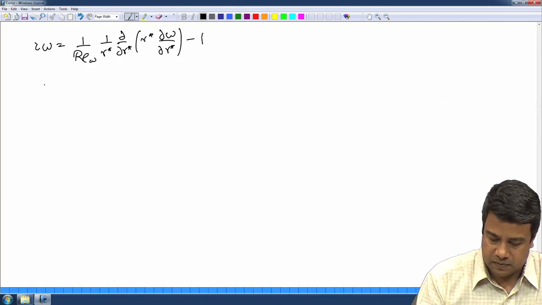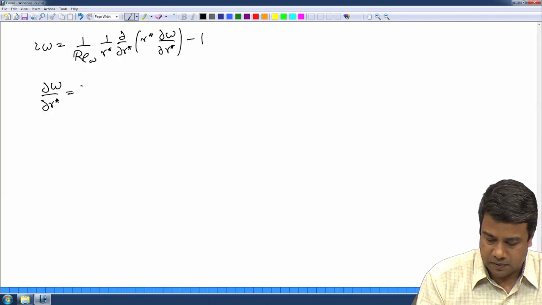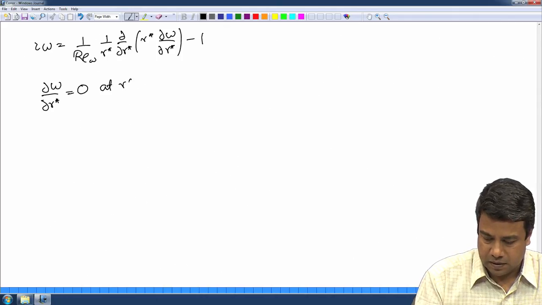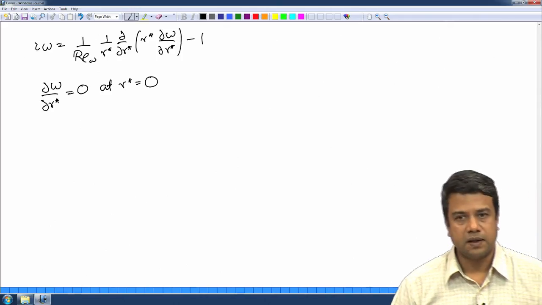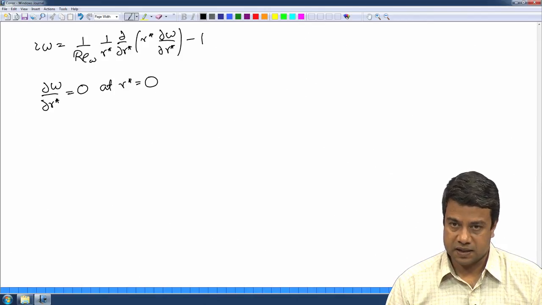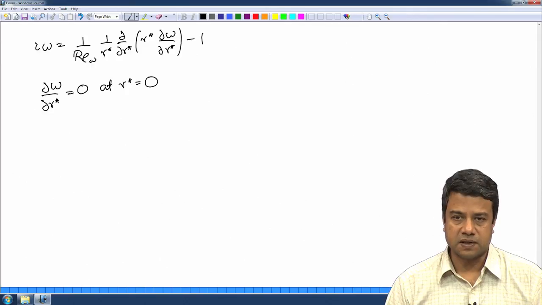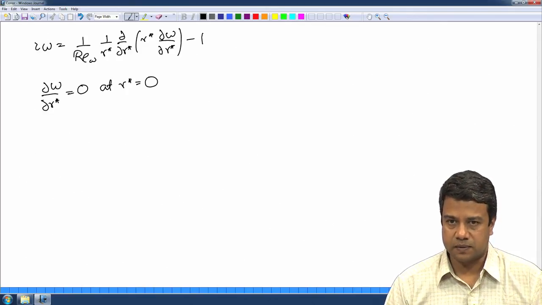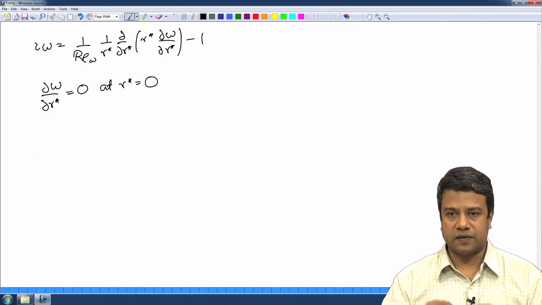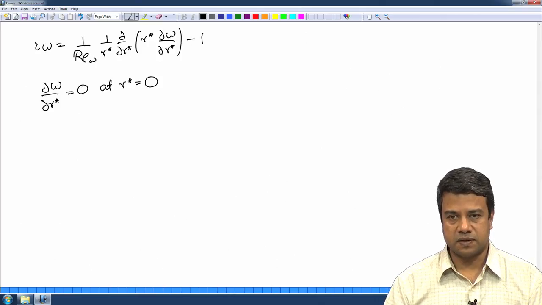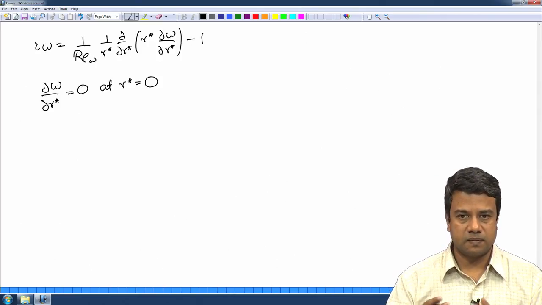The boundary conditions were that partial w by partial r star is equal to 0 at r star is equal to 0. The symmetry condition along the axis of the pipe, in order to ensure that the velocity field is continuous and differentiable at that point. If the derivative does not go to 0, if the derivative is non-zero, you will get different derivatives from different directions.